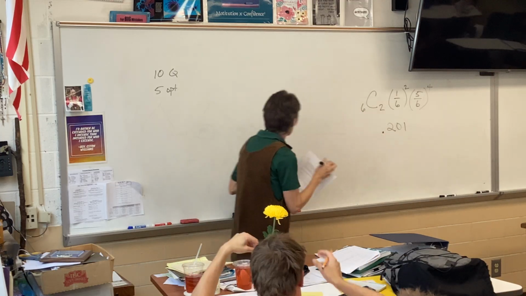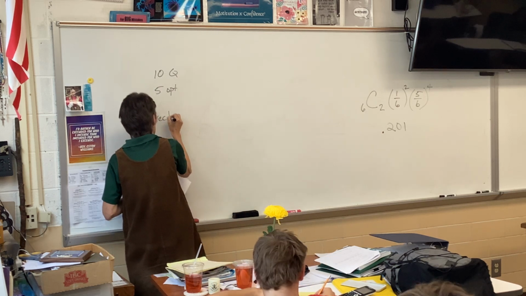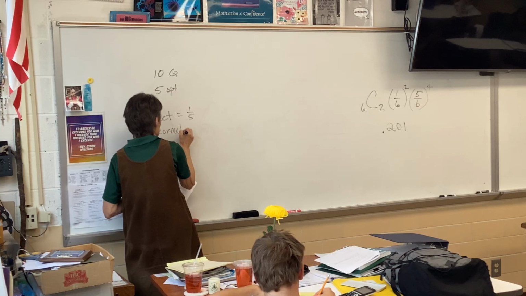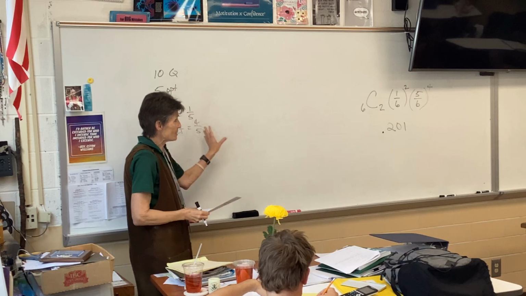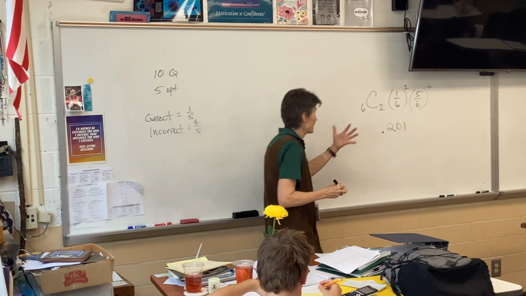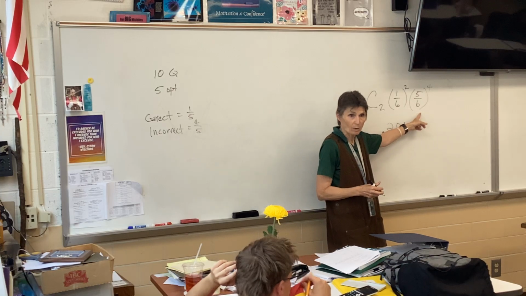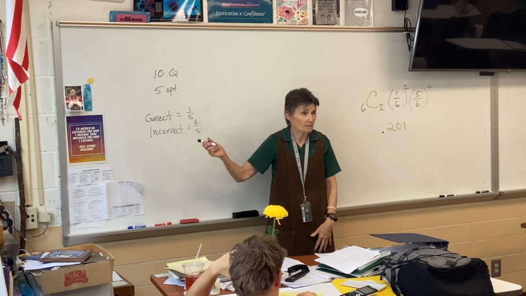Yeah. So my correct probability is 1/5, and my incorrect probability is 4/5. So when I say these two problems are alike, they're basically the same thing. Here I'm rolling a die, and either I'm gonna get what I want, or I'm not gonna get what I want. Here I'm gonna get it right, or I'm not gonna get it right.